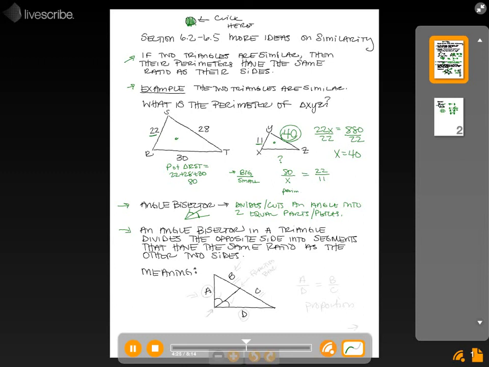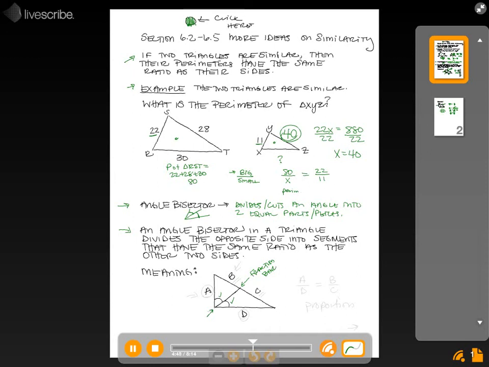This is our angle right here, the angle we're talking about, and this is our angle bisector, the line that cuts it into two equal pieces. We know we have an angle bisector because these two angles are marked congruent. Okay? Now what happens is that angle bisector becomes your fraction bar for your fractions.